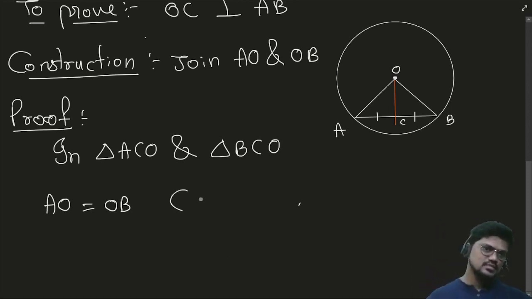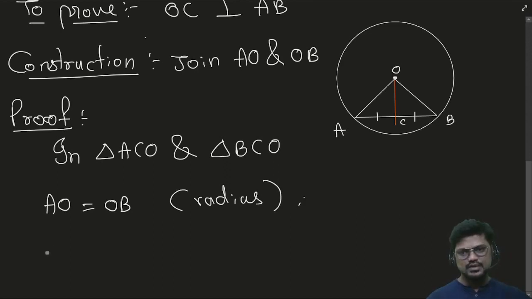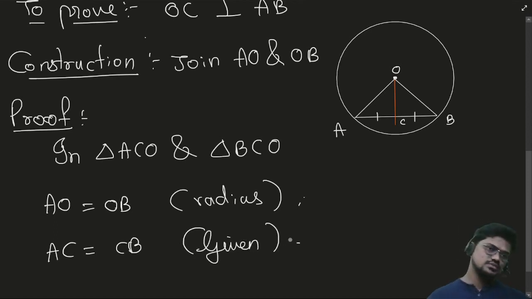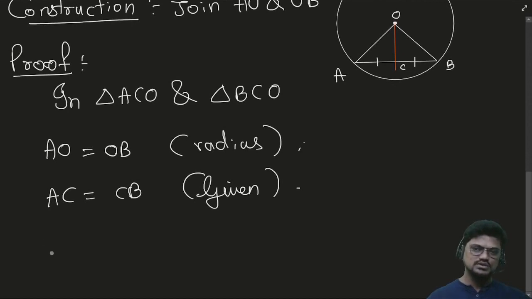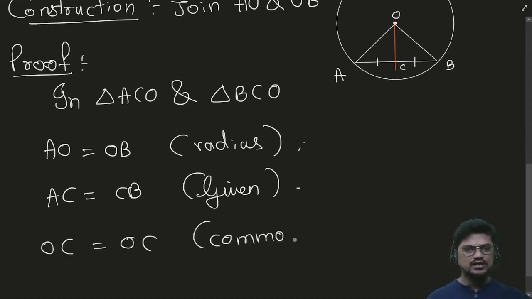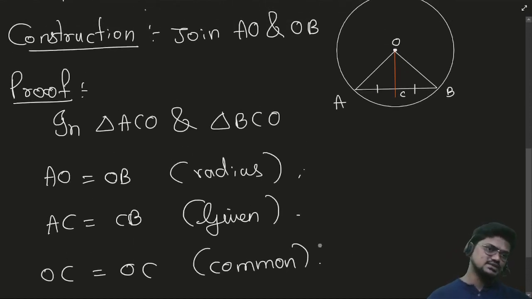The reason is radius. Both are radii, so radii will always be equal. Also, AC is equal to CB. That's given. Yes or no? OC equals CO, common. OC equals OC, that's common. So can I say that the two triangles are congruent by the SSS test of congruency?